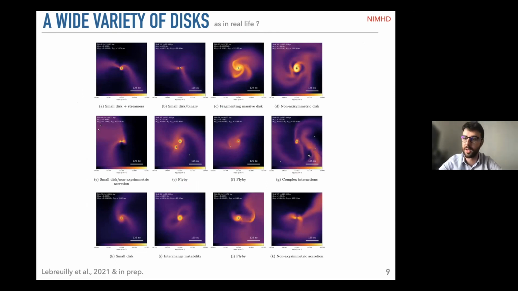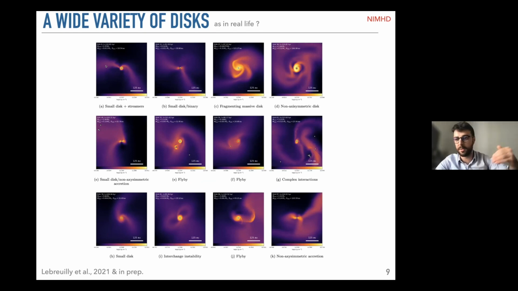Of course we don't see all of them because, first, we don't have planets, which are obviously probably very important for the features of protoplanetary disks, and second, we have younger disks. But I think it's interesting to see that our disks are very varied in terms of features, and they show intrinsic properties. For example, we see streamers that are often observed in young objects.